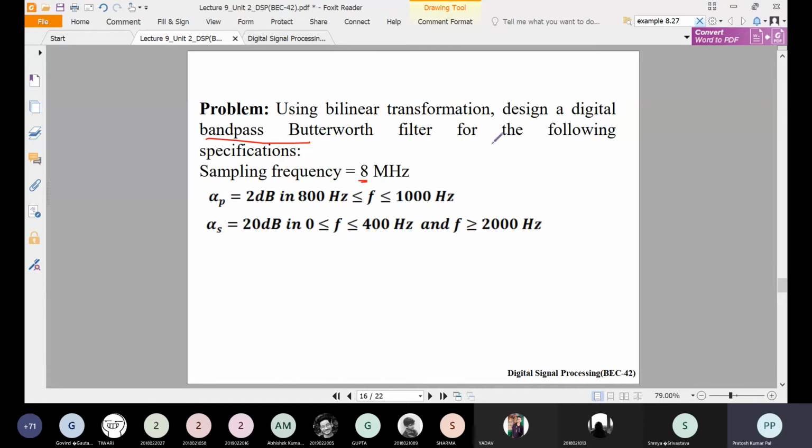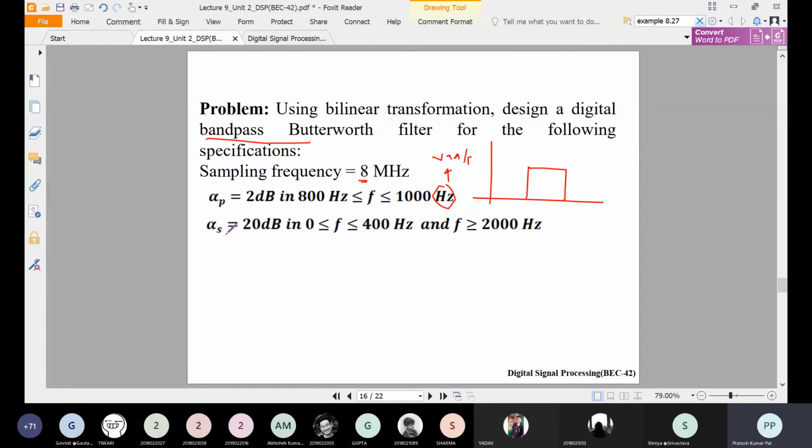It is band pass, meaning you can draw a band pass signal: a frequency band that it will pass. It is in between 800 and 1000 hertz. Note that here the frequency is given in terms of hertz, so to calculate all other parameters we need to convert it into radian per second.